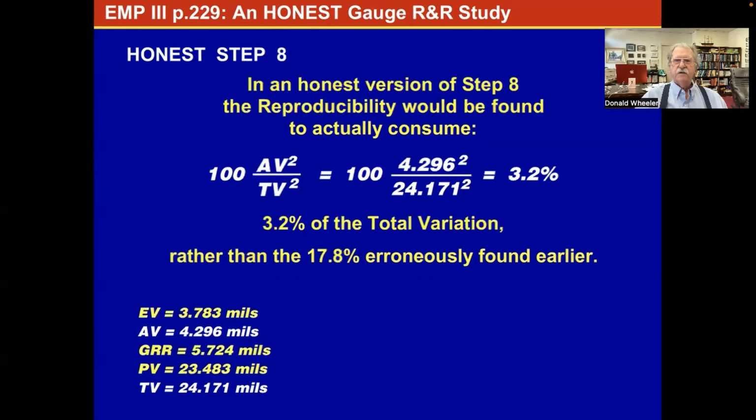An honest version of step 8, reproducibility would be found to actually consume 3.2% of the total variation, rather than the 18% erroneously found earlier.